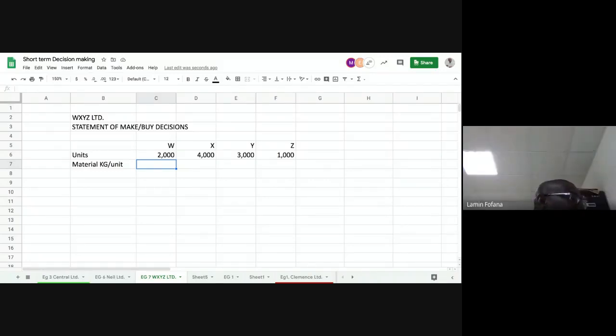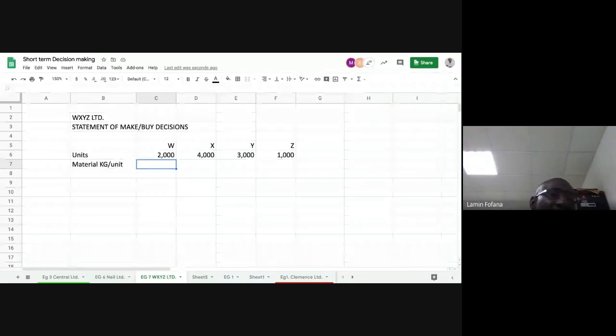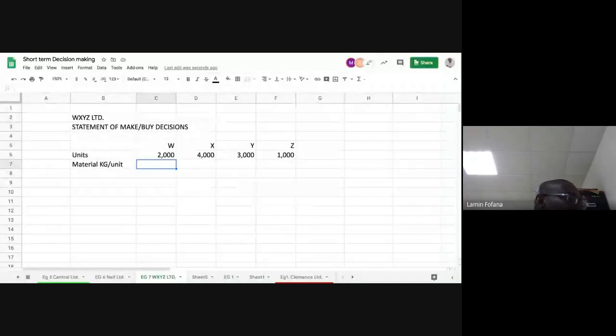In order to get the material cost per unit, 2 figures are responsible. One, the kilogram that you need to produce 1 unit multiplied by the cost of that kilogram. We've been given in the question that the material costs £5 per kilo. So our next part is how many kilos do we need to produce each of them.